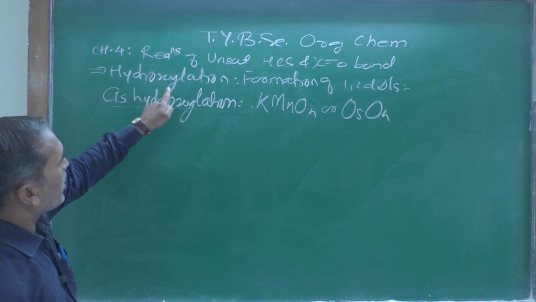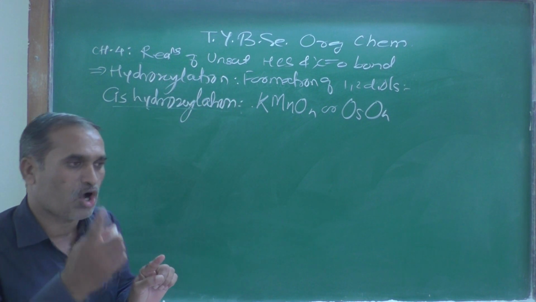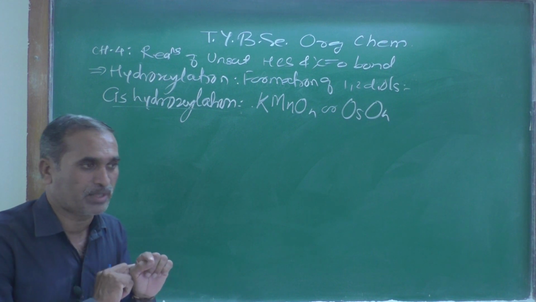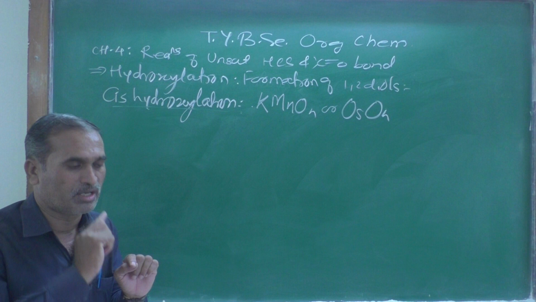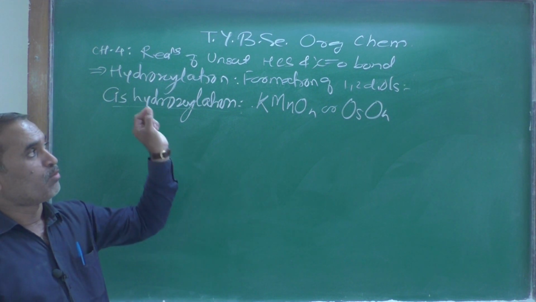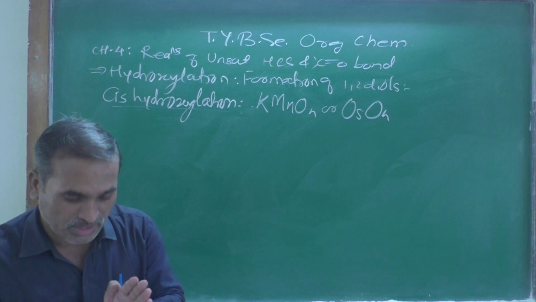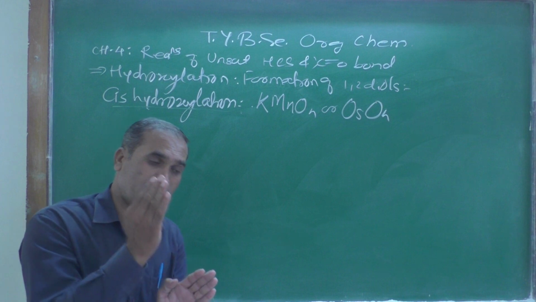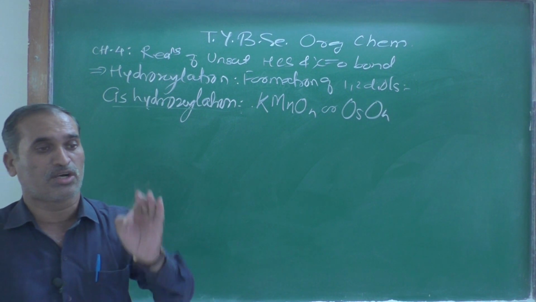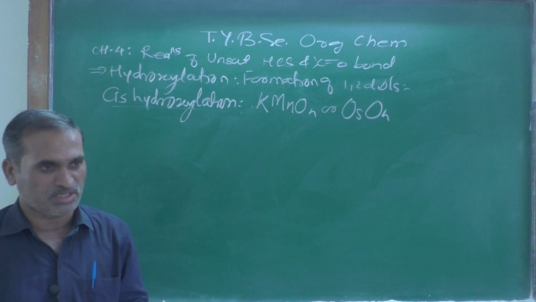Let us see, here is a hydroxylation, meaning formation of a 1,2-diol. When the pink color disappears, it means there is a change in color, meaning a reaction occurred and it formed a 1,2-diol. Whether both OH groups come from the same side or different sides is where stereochemistry plays a role.